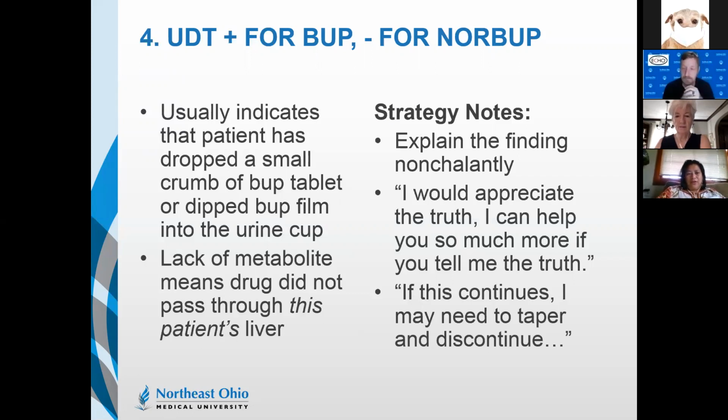That usually indicates that a client has taken a little bit of the buprenorphine film or a small crumb of the buprenorphine tablet, and they've melted it and dissolved it into the urine cup. So you're getting a lot of the actual molecule of buprenorphine, but there hasn't been any breakdown of the buprenorphine through that patient's liver. That's why you're not seeing the norbuprenorphine.